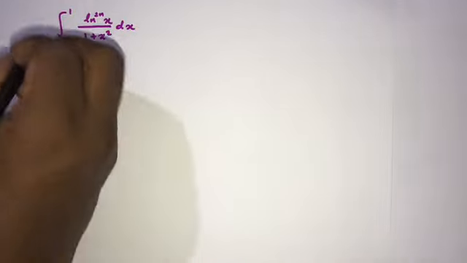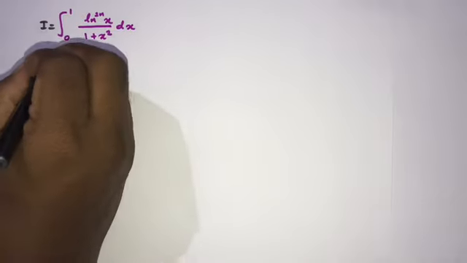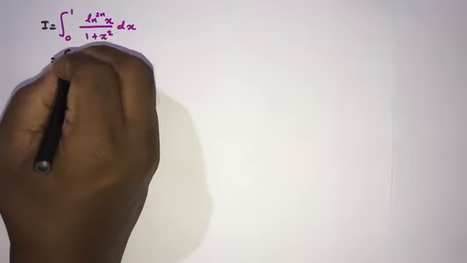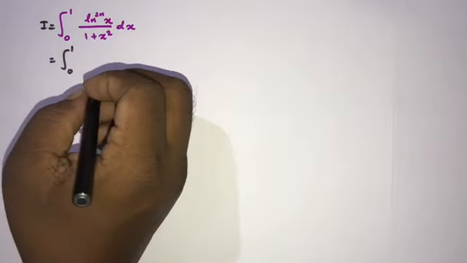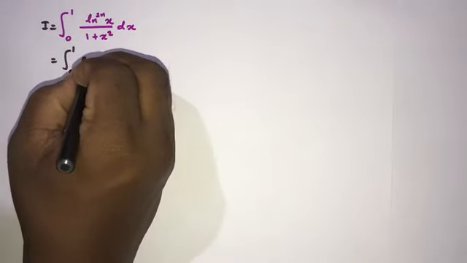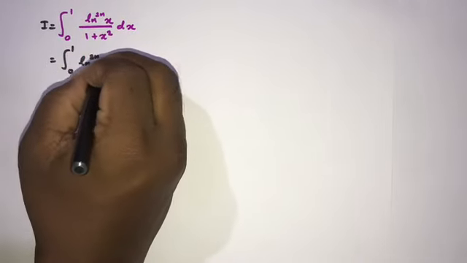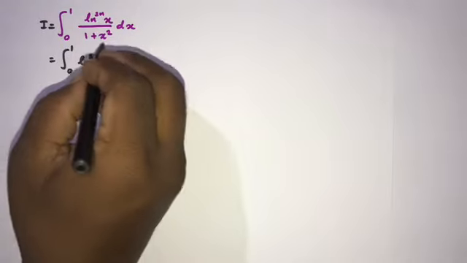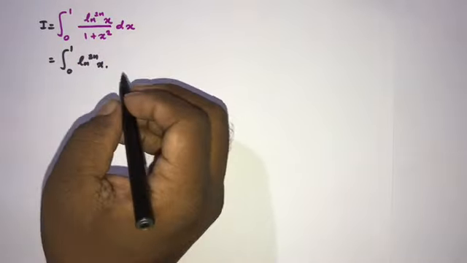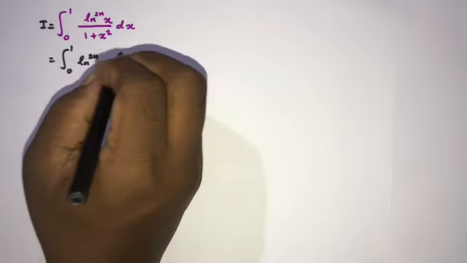First, I'm going to call our integral I, and this is equal to the integral from 0 to 1 of natural log raised to the 2n power of x times 1 over 1 plus x squared. Now instead of 1 over 1 plus x squared, we can use an infinite sum.